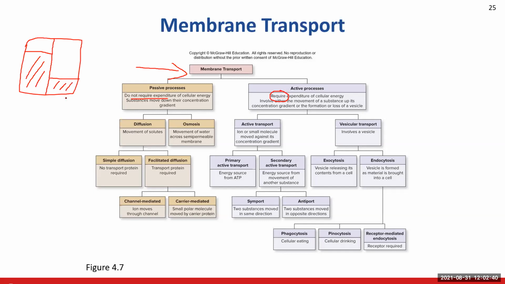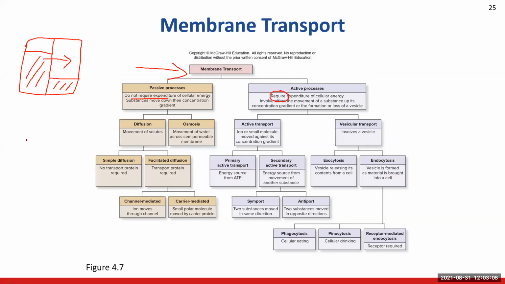So when we talk about a substance moving down its concentration gradient, because nature always likes balance, it wants everything to be equal. So what will happen is substance A will want to move down its concentration gradient. So that means that substance A is going to want to go from the left side of our structure to the right side of our structure.